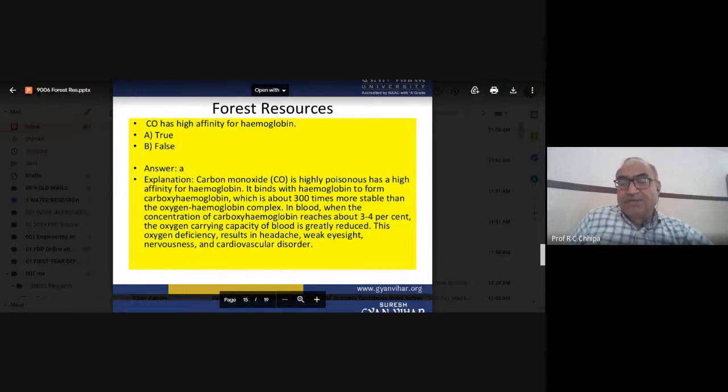During that, carbon oxides are formed. But in case of the fire, incomplete combustion occurs, so instead of carbon dioxide, carbon monoxide is also formed. So whatever the question is, carbon monoxide has a high affinity for hemoglobin.